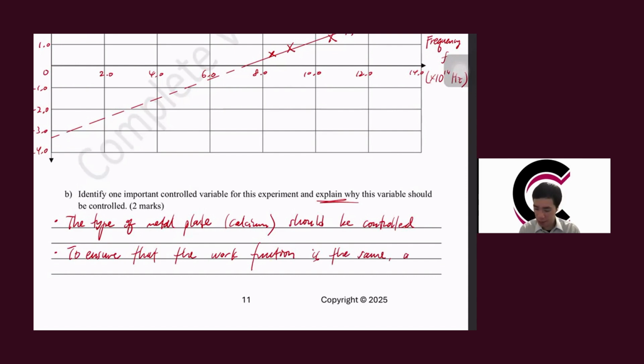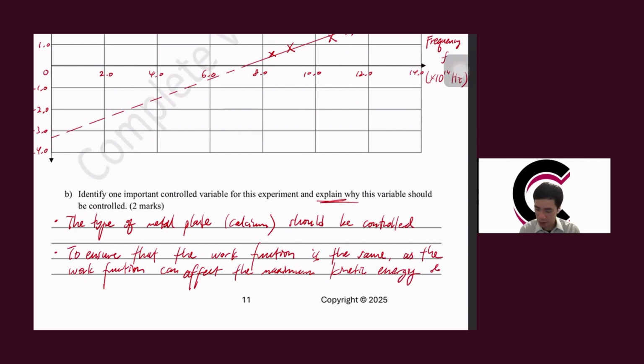Okay, as this work function can affect the maximum kinetic energy of the photoelectrons. Try to use the full name instead of EK max.